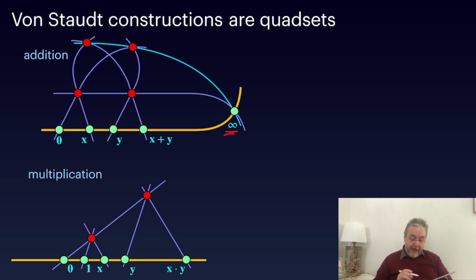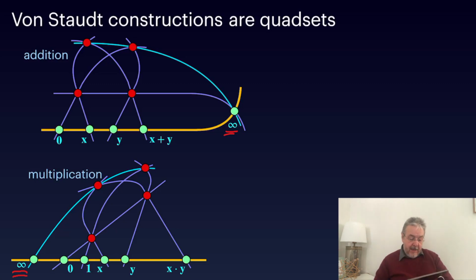Let's look at multiplication. Again, these 2 things are parallel and these 2 things are parallel, so they meet in a point and they meet in a point. These 2 points lie on the line at infinity, so if we take the line at infinity, the unique line through these 2 points, it intersects our yellow line here at one point, and we can give that point, with good justice, the label infinity.